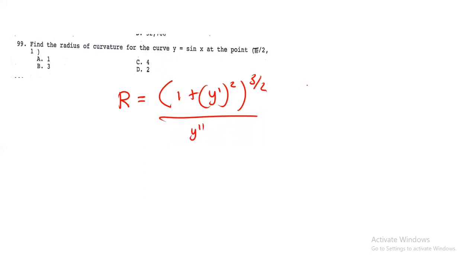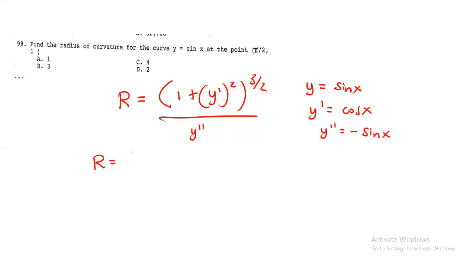Let's get y prime. Y is equal to sine of x. So y prime, the derivative of sine of x, is cosine of x. Then y double prime, the derivative of cosine of x, is negative sine of x. That's what we substitute here.